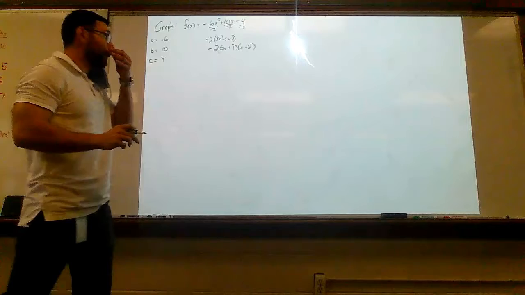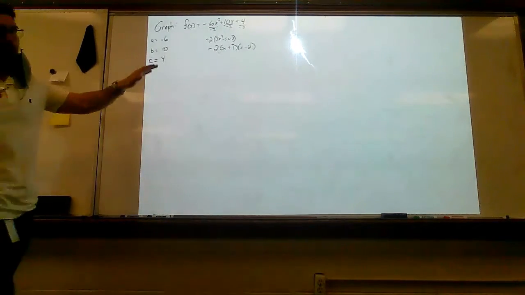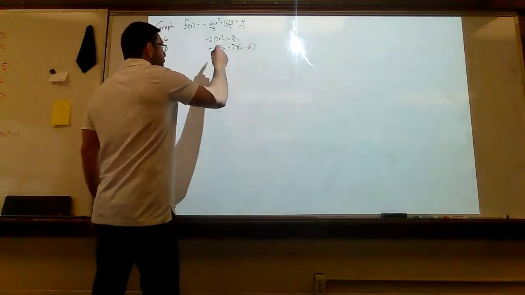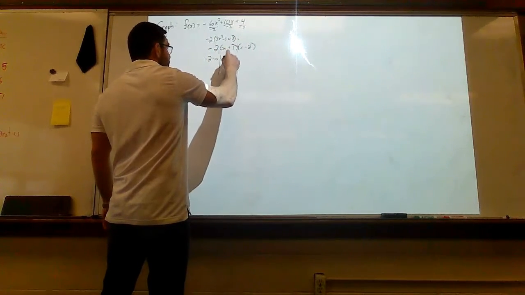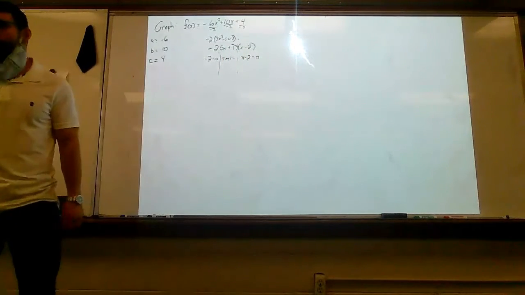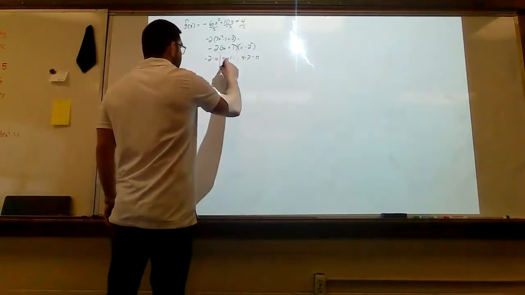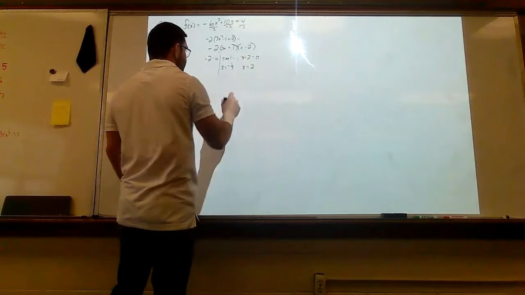Okay, so somewhere, for some reason, when we do the quadratic formula, we are not getting the same x-intercepts. And I'm not quite sure why, so we're going to figure this out. Factoring wise, we say -2 equals 0, 3x plus 1 equals 0, x minus 2 equals 0. So we should have our x-intercepts being x equals -1/3 and x equals 2.